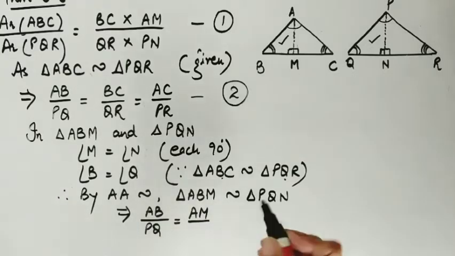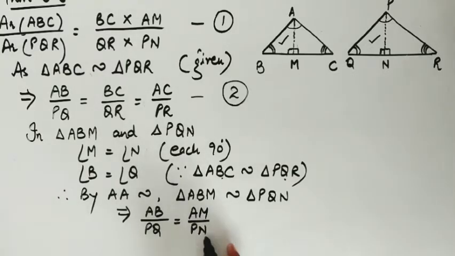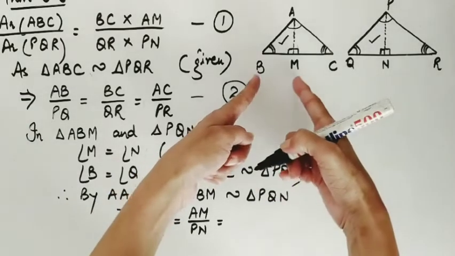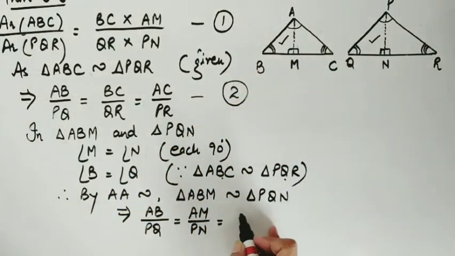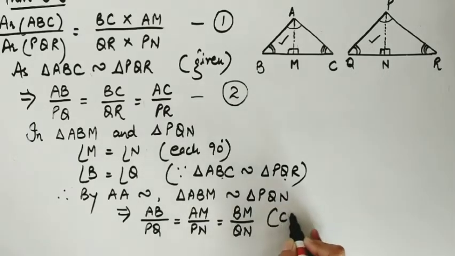We are just picking all three sides of the triangles which are proved to be similar. And this is further equal to BM by QN. The reason would be CPST. This stands for corresponding parts of similar triangles, be it the angles or the sides.